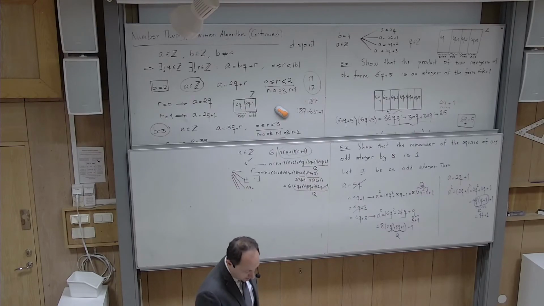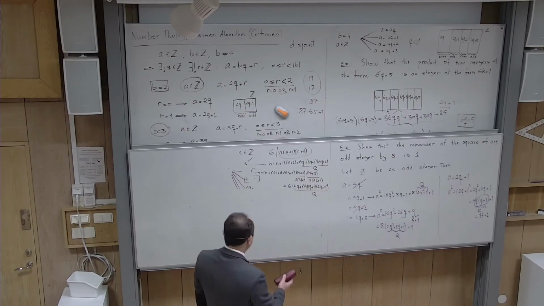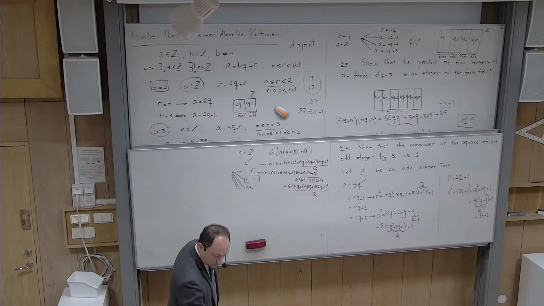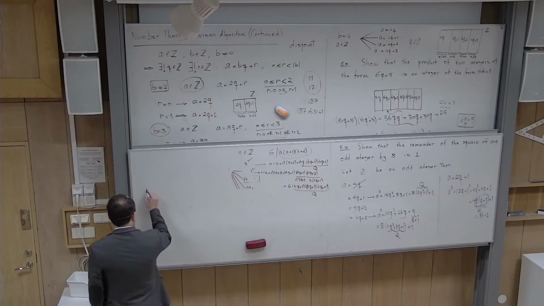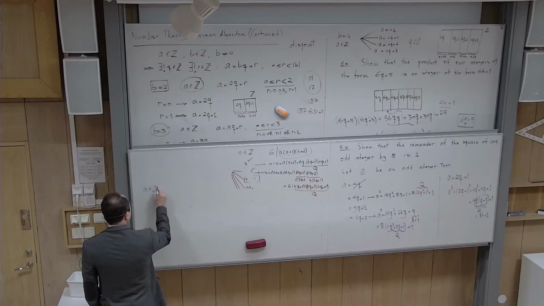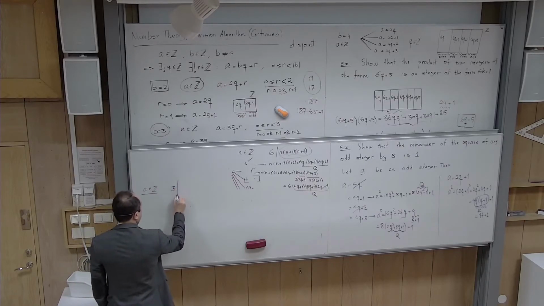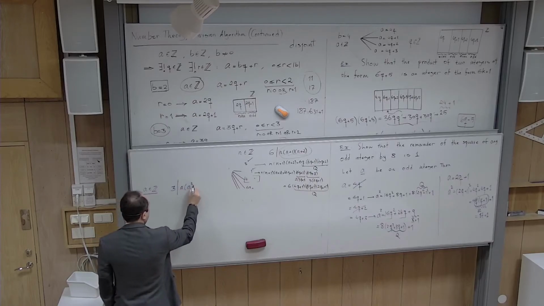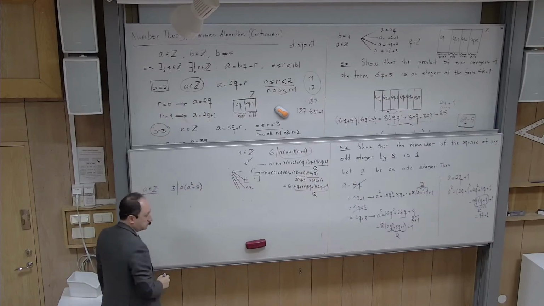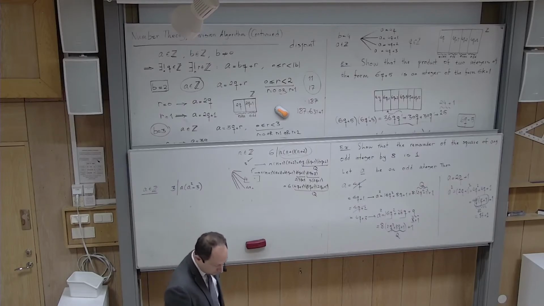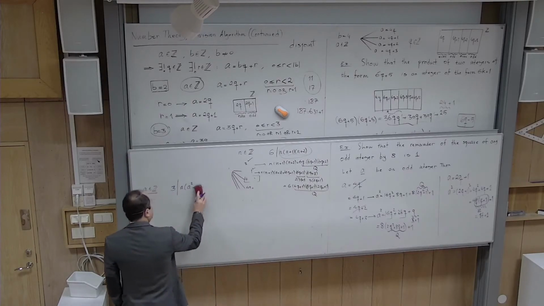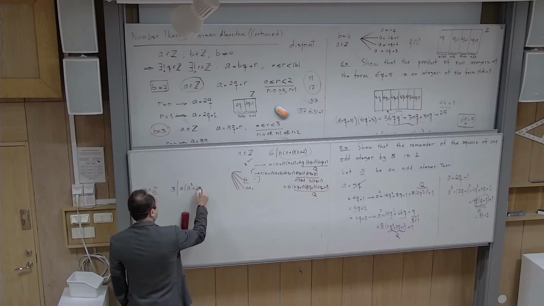Okay, so let me give you another example. I want you to prove it. A is an integer, any number that you like. I want you to prove that 3 divides A squared plus 2, sorry, not plus 3. A squared plus 2.